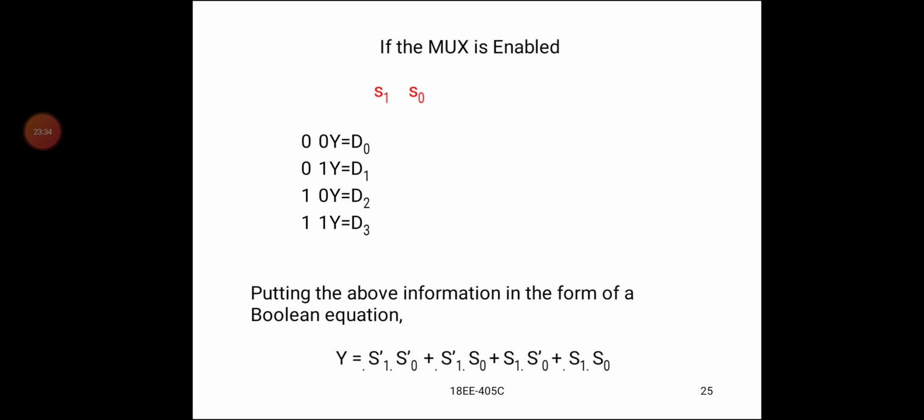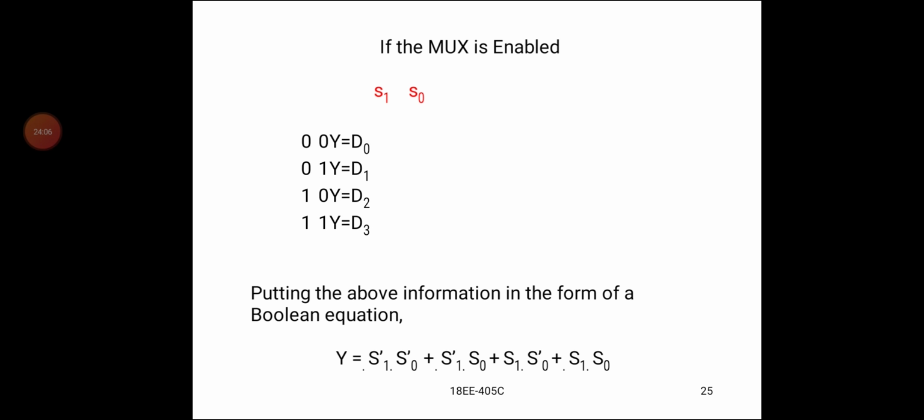Putting the above information in the form of a Boolean equation, if the selection lines S1 and S0 are both 0 0, that is S0 complement and S1 complement, then it selects D0. The input D0 is connected to the output Y line.